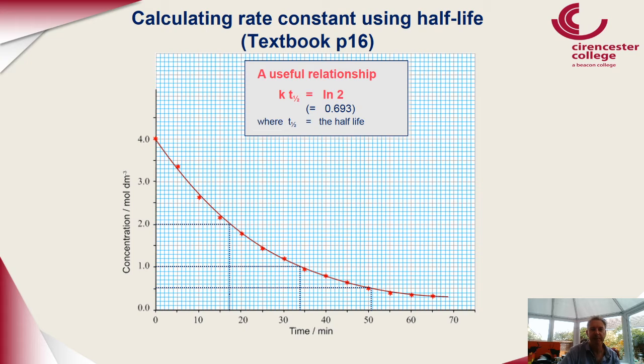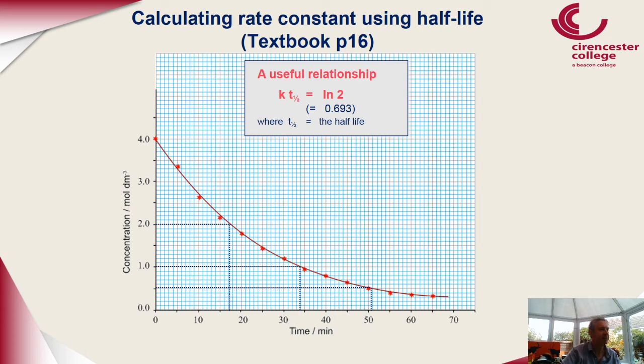It talks about a very useful relationship, that the rate constant k times t1/2 equals log 2, because this is a half-life curve, a log 2 curve.